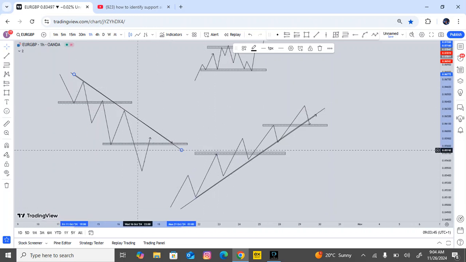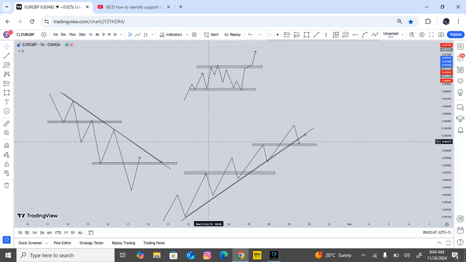So how do you find trading opportunities with this trend line and the support and resistance? After connecting two peaks together, in a downtrend, that's the lower highs. You connect the lower highs together.